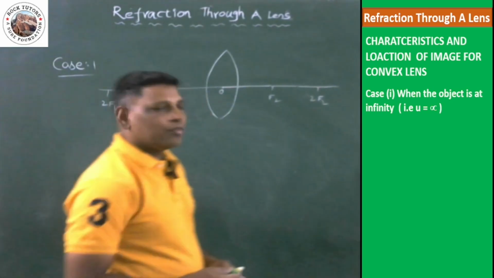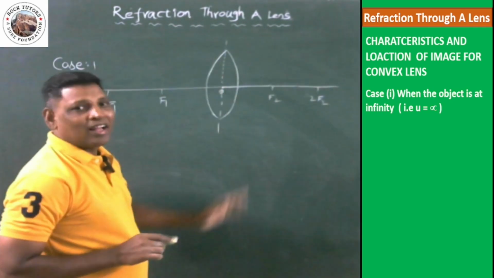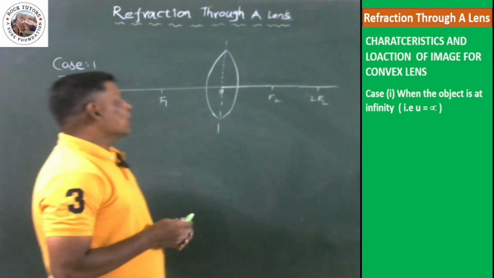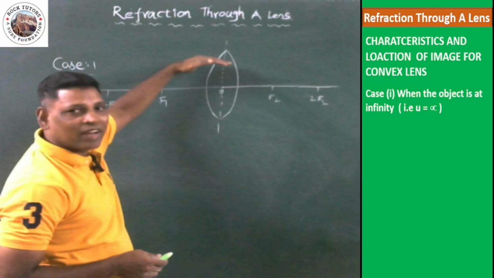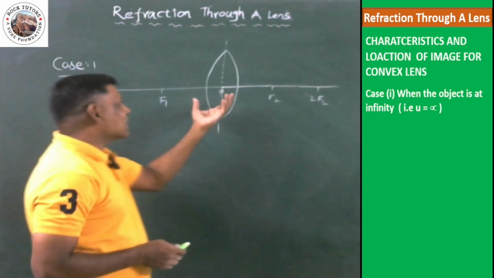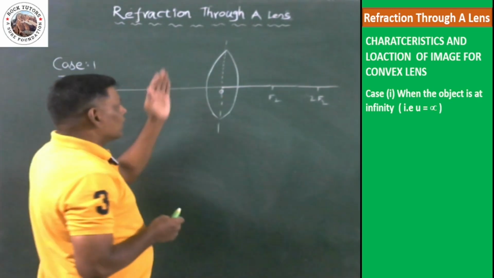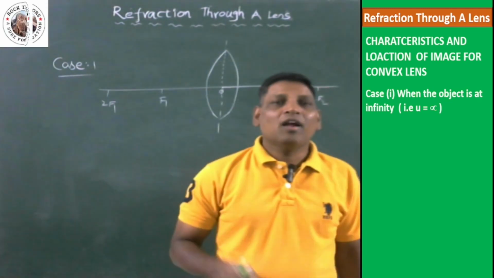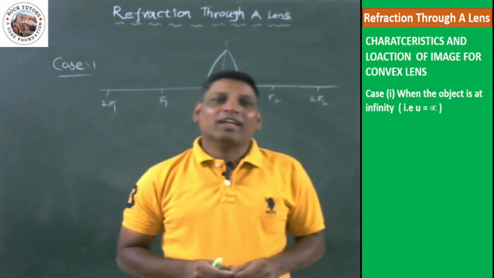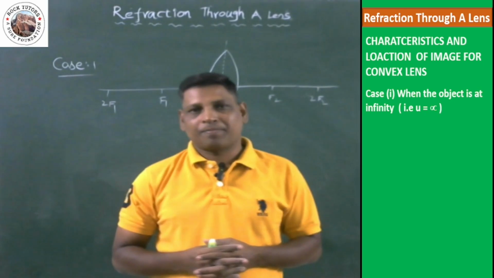And you have to draw one more line as the middle of the lens. Why? Because these lenses are very thin lenses, the ray is refracted only one time. When the object is at infinity, all rays are parallel to the principal axis.